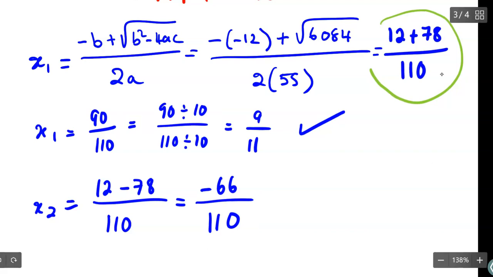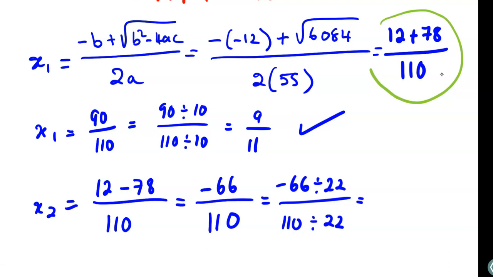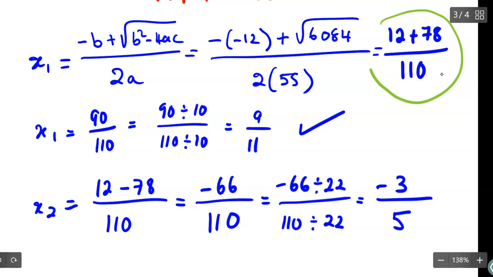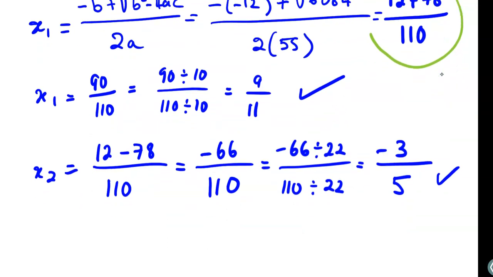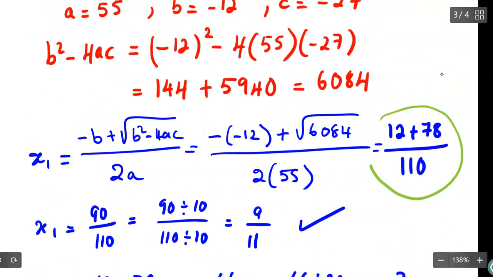I can reduce this by dividing by 22. Negative 66 divided by 22 and 110 divided by 22, you can see that it gives you negative 3, and this should give you 5. Very good. So the two solutions, 9 over 11 and negative 3 over 5, make up this quadratic equation.